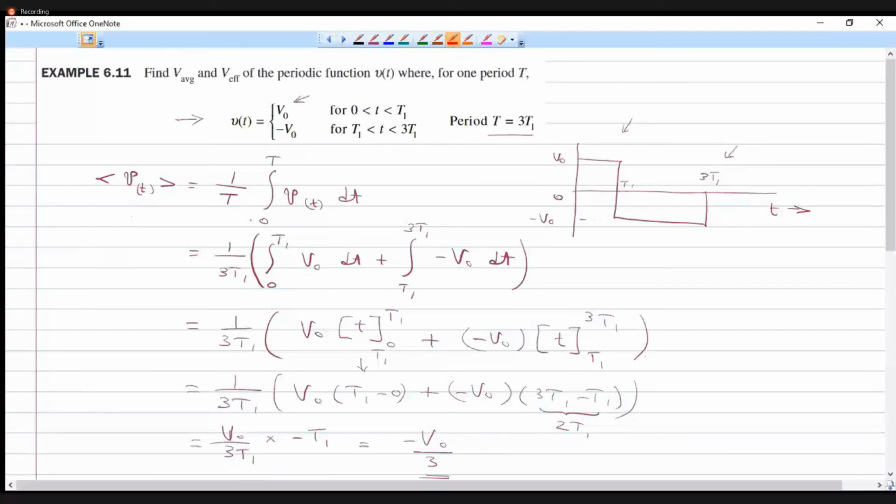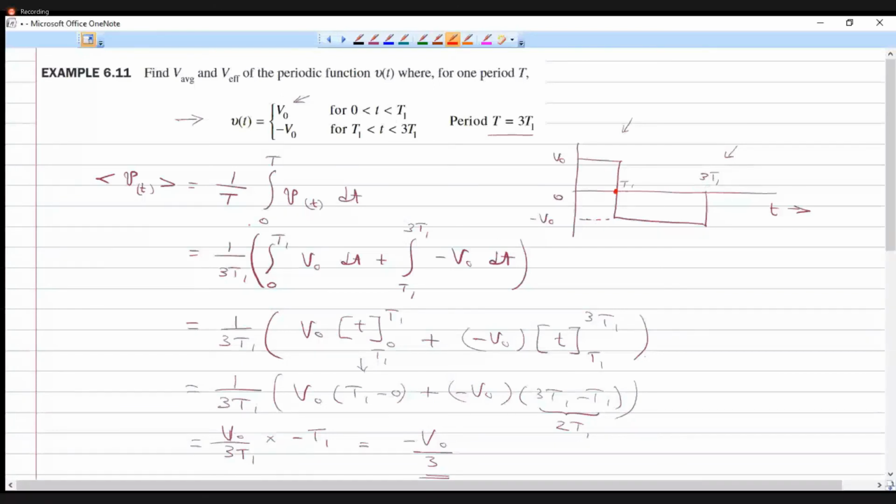For this particular function, the pulse has a value equal to V naught up to a time t1, and a value equal to minus V naught for the remaining part of the period, that is up to 3t1. So accordingly, you have to split the integral.